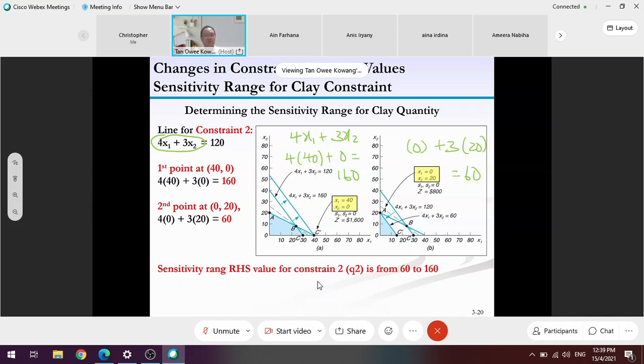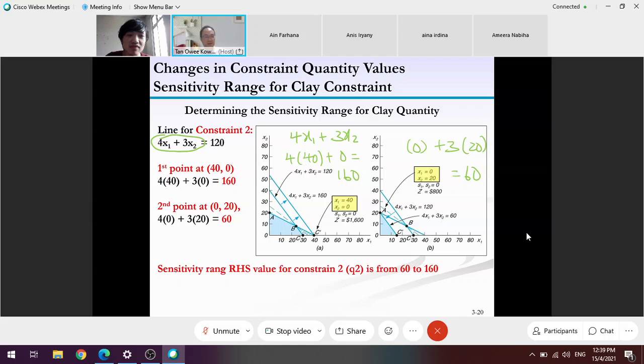In QM window, if you want to study the sensitivity range, you just click one button. I can just teach in the way saying that, okay, this is sensitivity range. But by showing you the output from QM window, you don't understand the concept. So it's necessary for you to go through this manual calculation first.